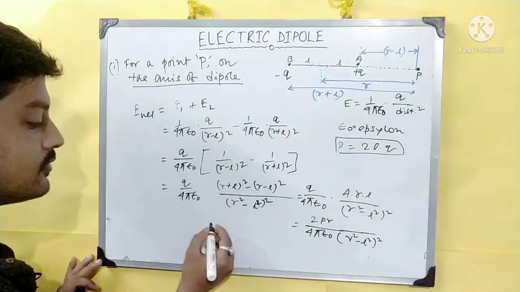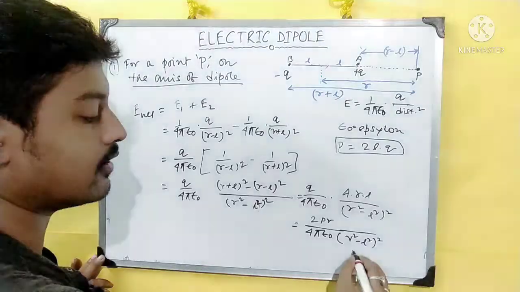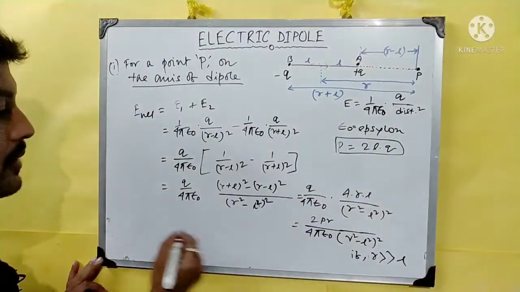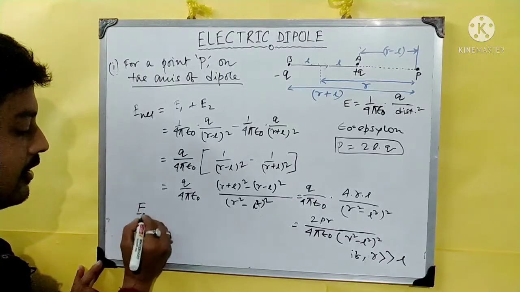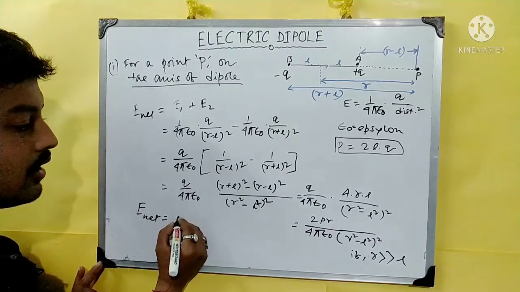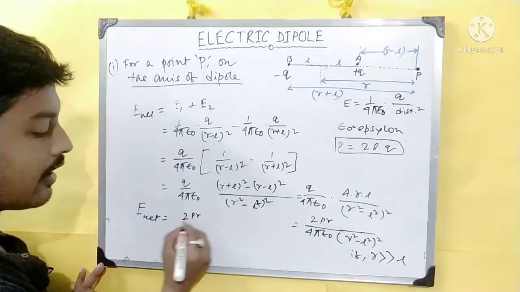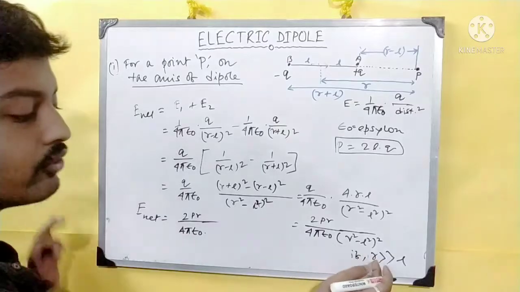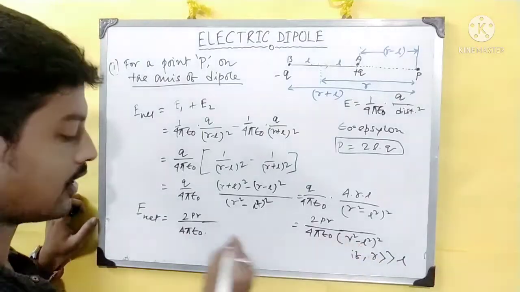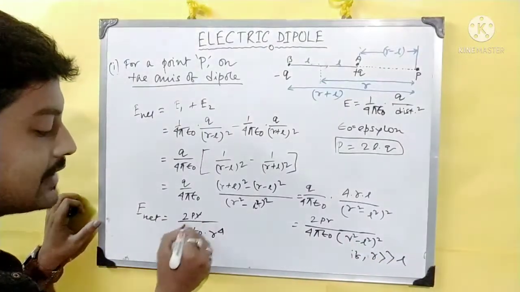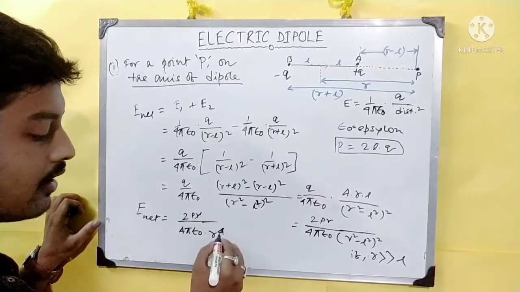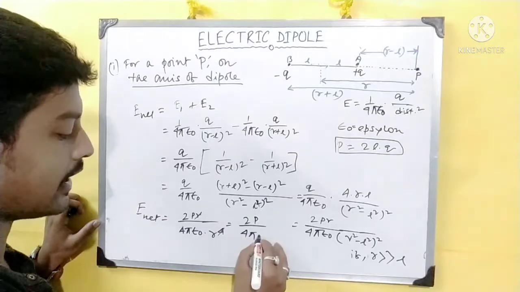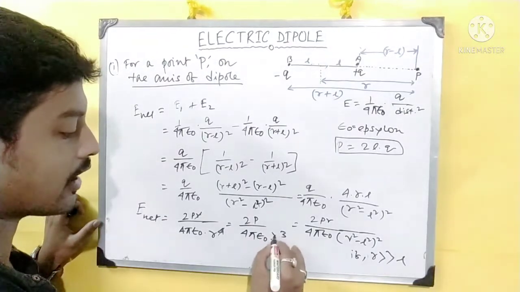So if we neglect L, E net will become 2pr by 4 pi epsilon 0 into r to the power 4, and by cancelling one r here and one r from here, we will get 2p by 4 pi epsilon 0 into r cube.